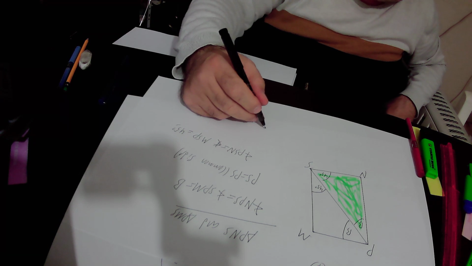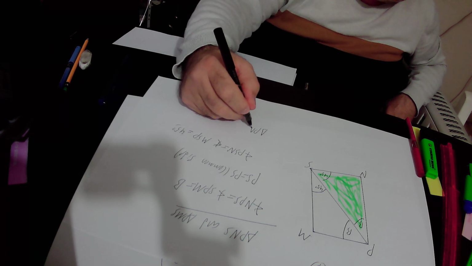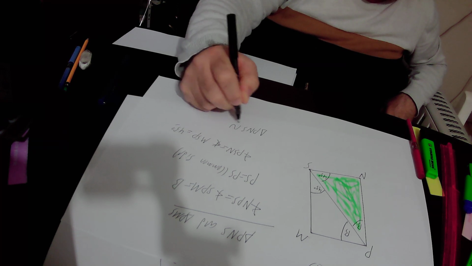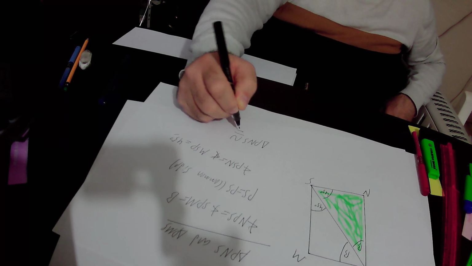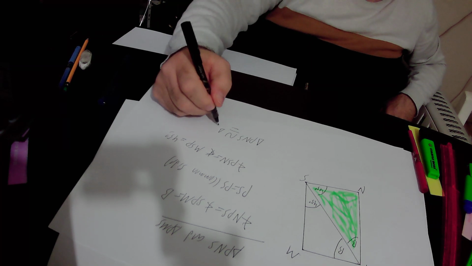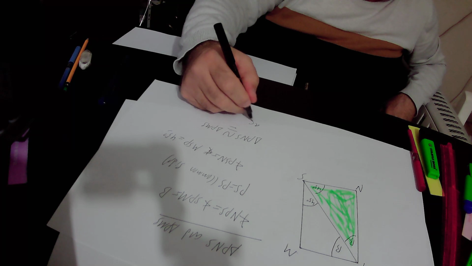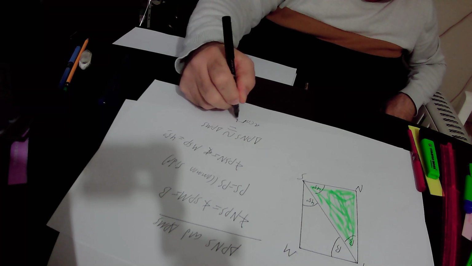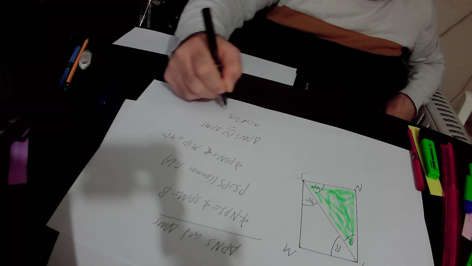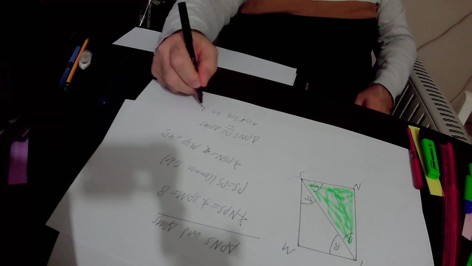I write down triangle PNS congruent, this is the sign of congruent, to triangle PMS, the white triangle, according to the angle side angle rule.